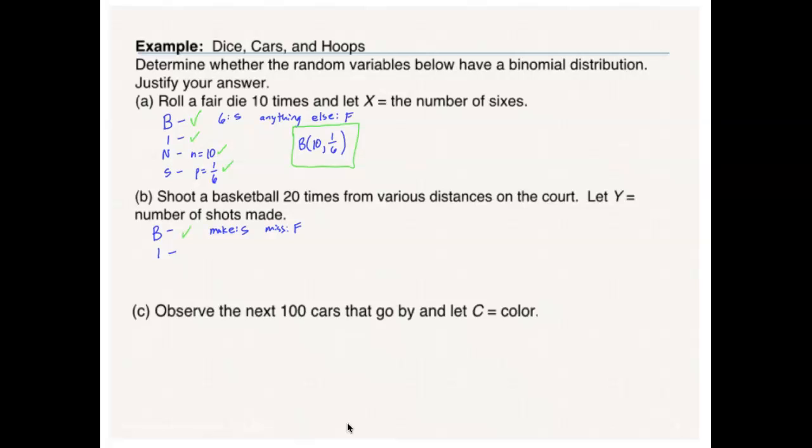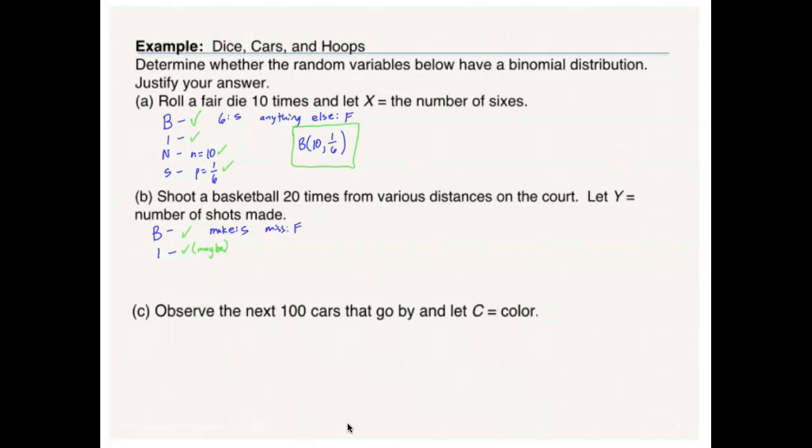Independent? I'm going to say maybe. It's a little iffy. There's a lot of evidence that you can get streaks going, you can build your confidence up, and a previous shot being made could affect the outcome of a next shot.